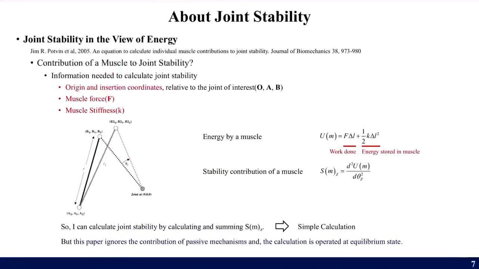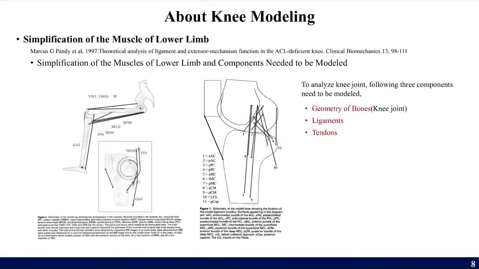So I decided to apply the model to the knee joint. To do so, I need to model the three compartments. The one is geometry of the bones, and another one is ligament, and the third one is tendons.